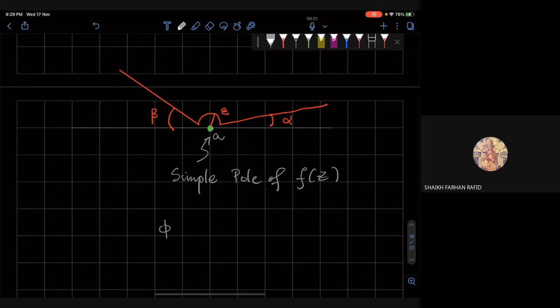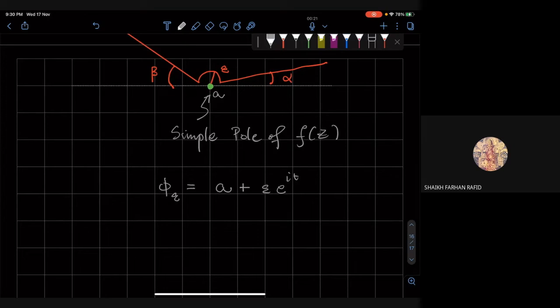So the curved part of the contour, we can call it, say, phi of epsilon, and this will be given by a plus epsilon e to the I t. t is the parameter which goes from alpha to beta, right?